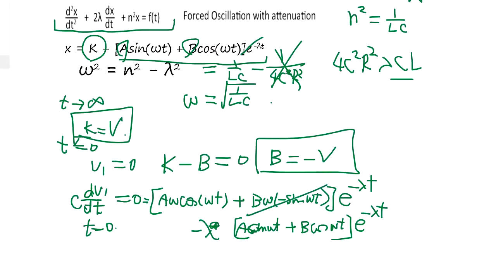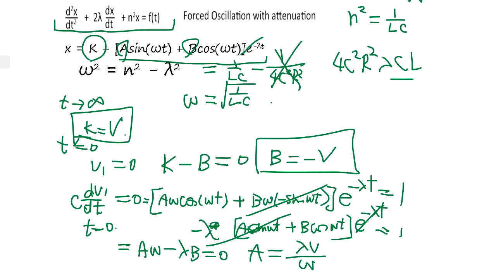So t is 0, this disappears, and this is going to be 1. So the remaining is A omega minus lambda B equals 0. Since we know B, A is lambda B over omega.